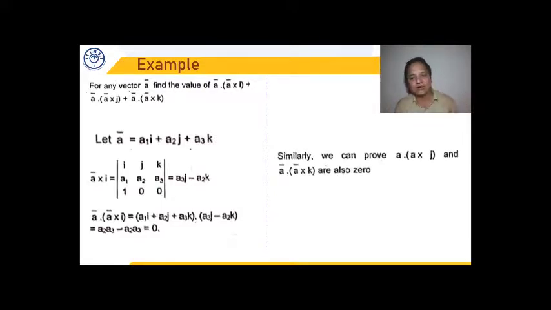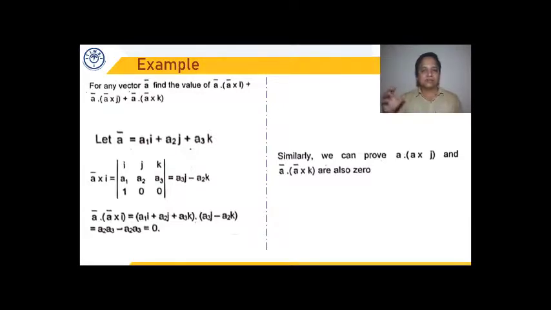Now, if we carefully observe, it's a symmetric expression. So we can prove that A dot A cross J as well as A dot A cross K are also 0. So all the three terms of the expression are 0. As we proved for A cross I, we can do it for A cross J also. We first find A cross J, then do the dot product with A. And similarly for A dot A cross K, all the three terms will come out to be 0.